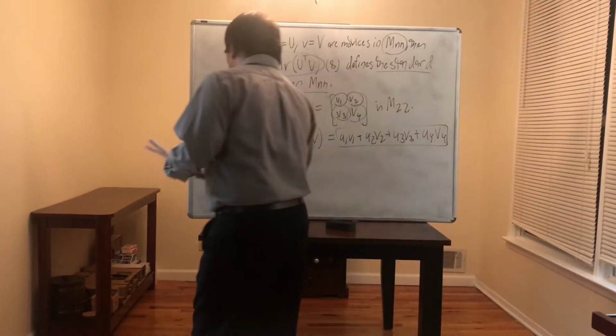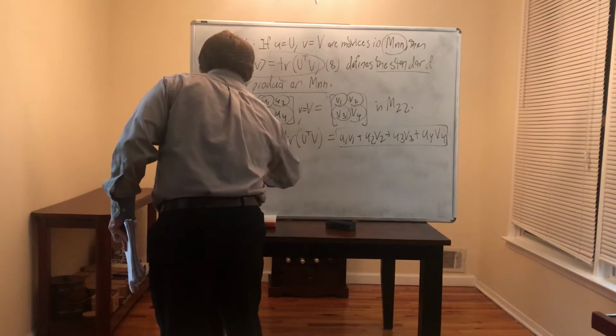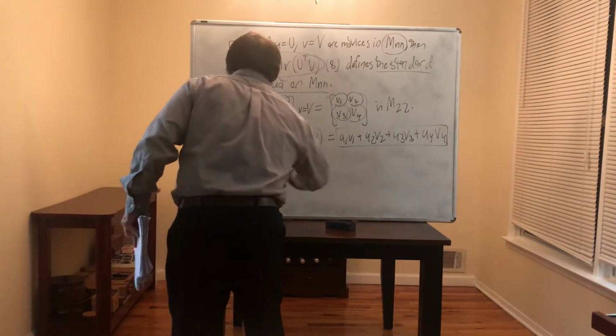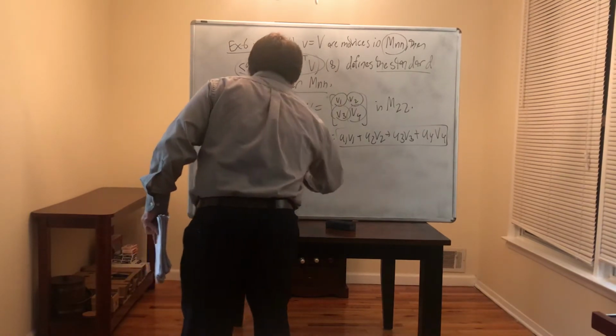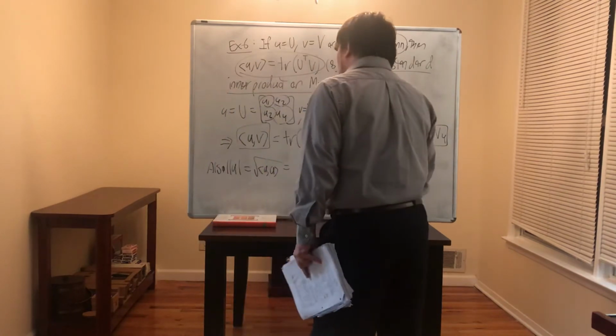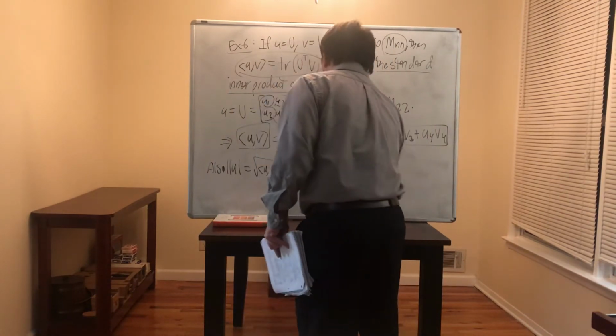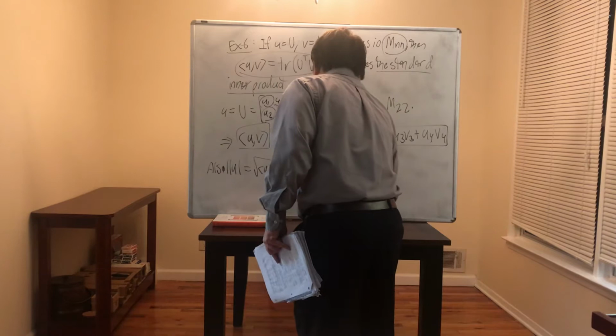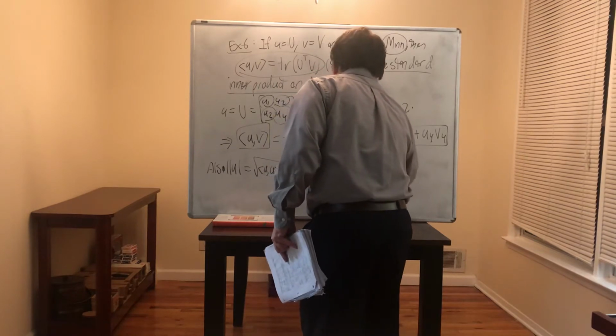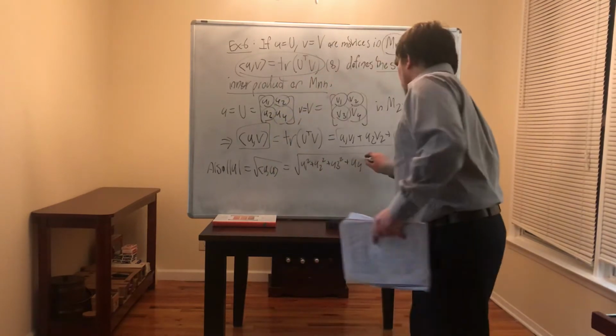And also, the norm of U, which is equal to the square root of the inner product of U with itself, is equal to the square root of U1 squared plus U2 squared plus U3 squared plus U4 squared.